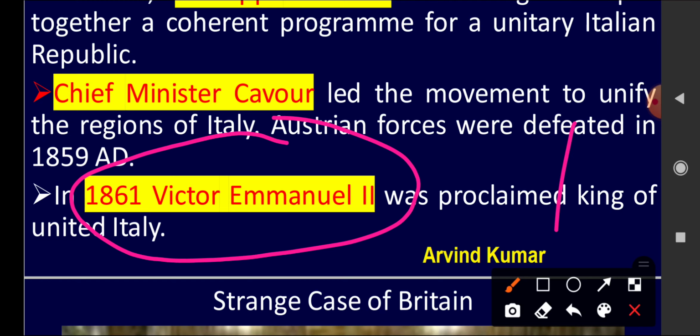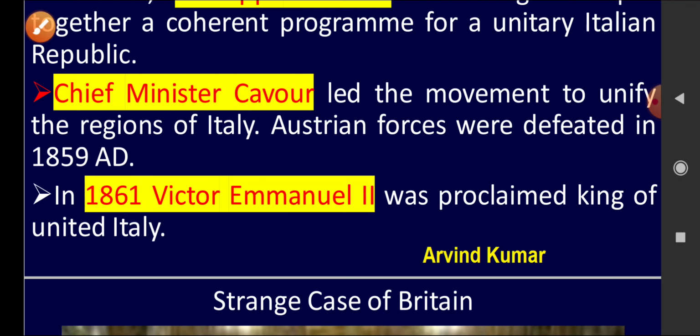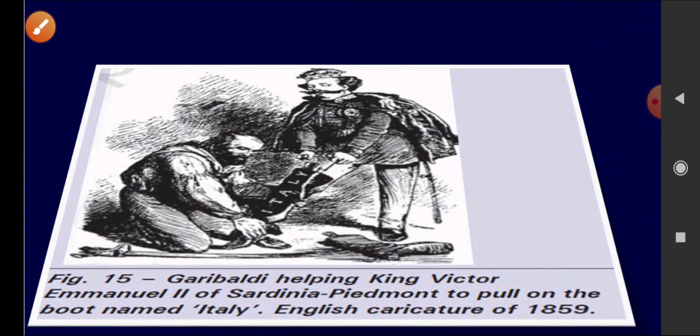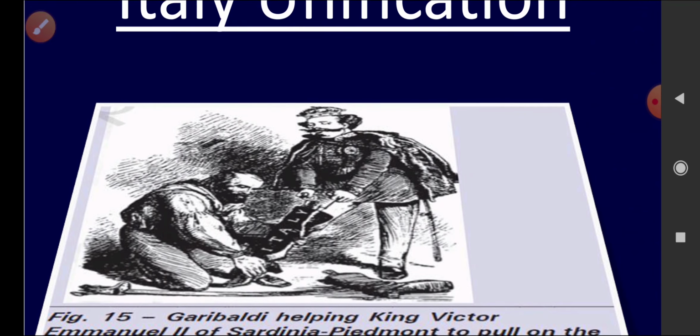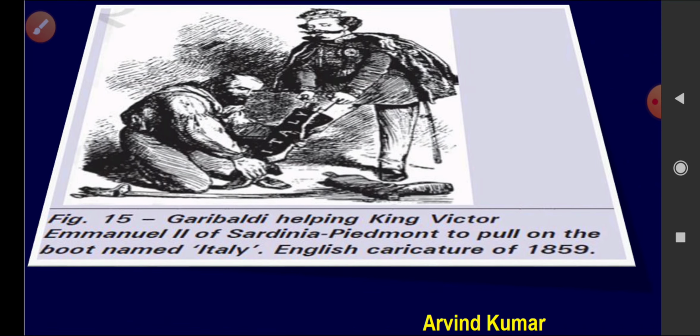Now this picture, which I had already shown to you, is a caricature of Otto von Bismarck in Germany. Sorry, this picture is showing Garibaldi helping King Victor Emmanuel II of Sardinia Piedmont to pull on the boot named Italy.